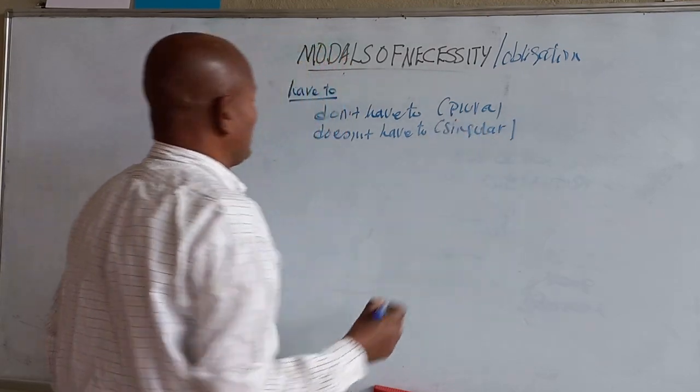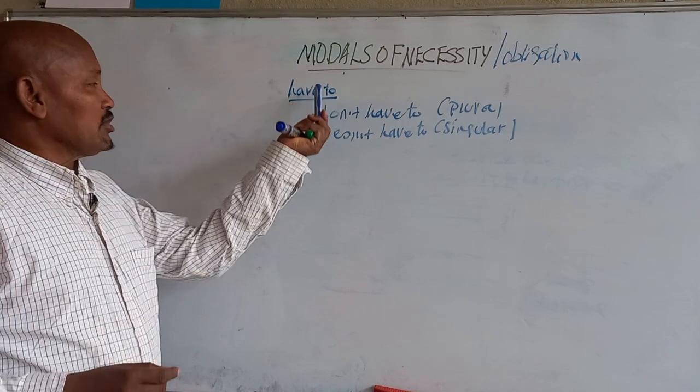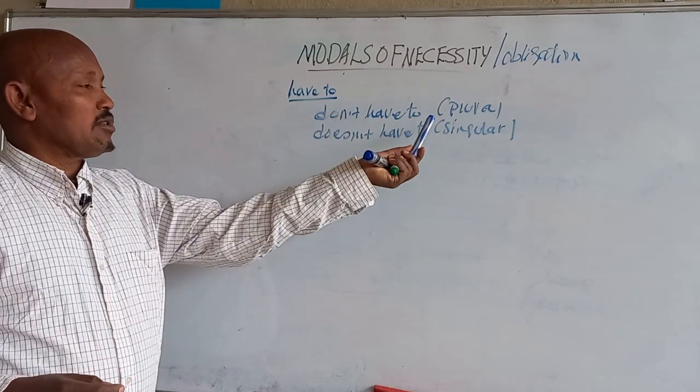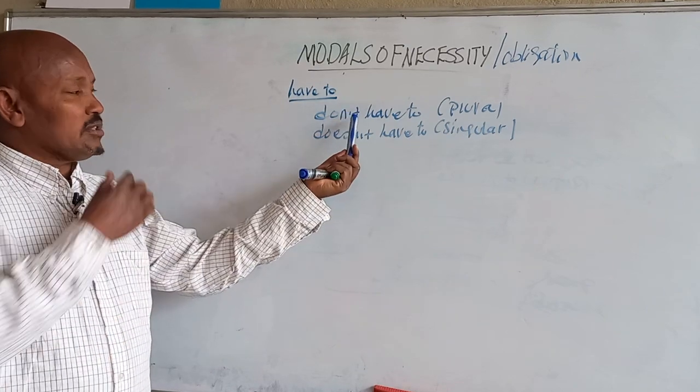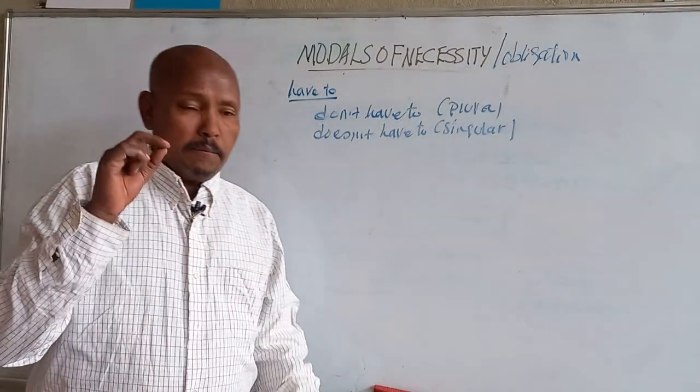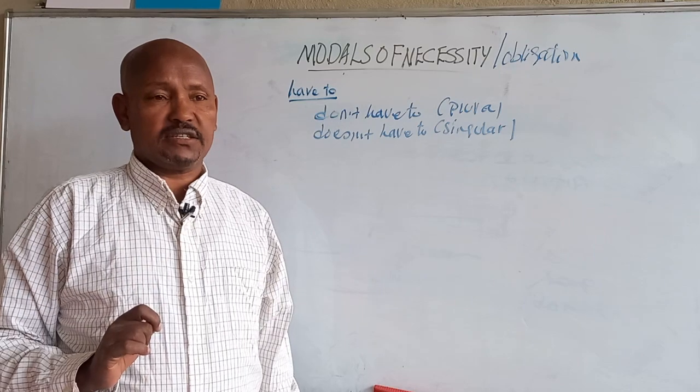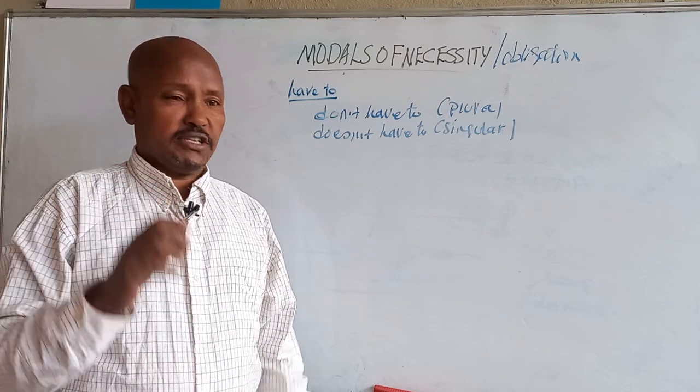Let me make it clear: have to is the positive form. Don't have to, which is plural. Doesn't have to, which is singular. So we can use don't have to and doesn't have to for making negative sentences, which show necessity.